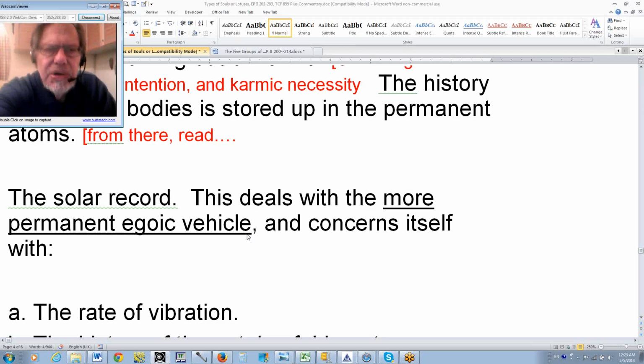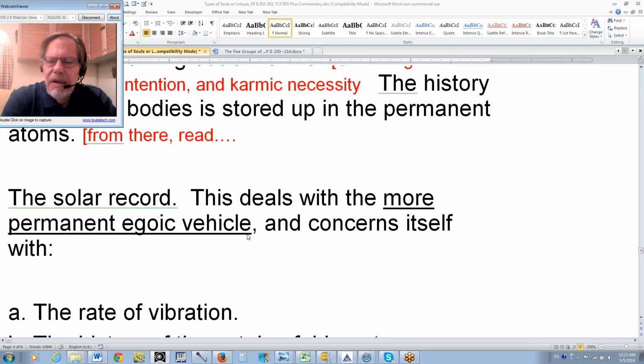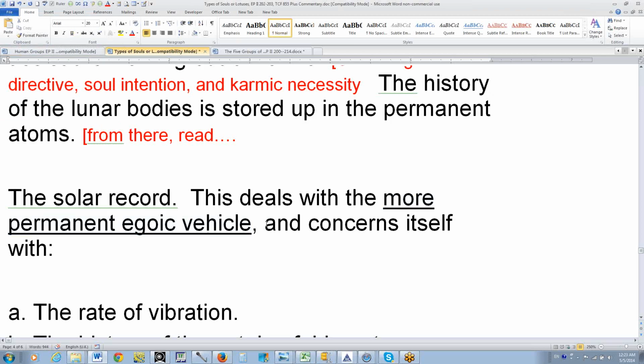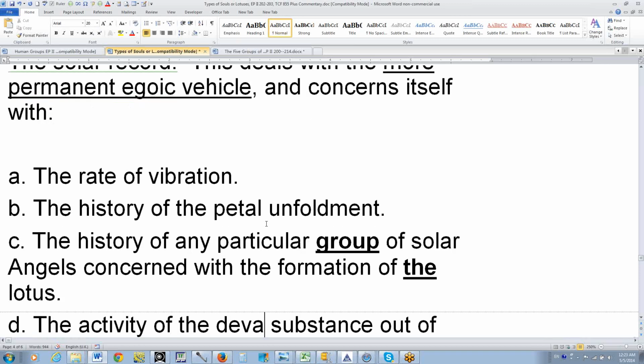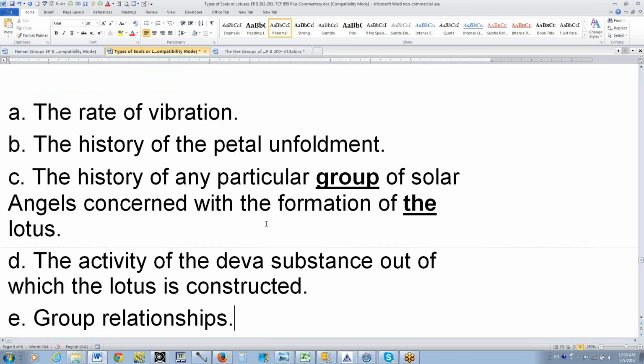Okay, so it deals with the rate of vibration, probably of the different petals, what they have thus far achieved, the history of the petal unfoldment, when certain changes and elevations and unfoldments did occur in which particular incarnations, the history of any particular group of solar angels concerned with the formation of the lotus.